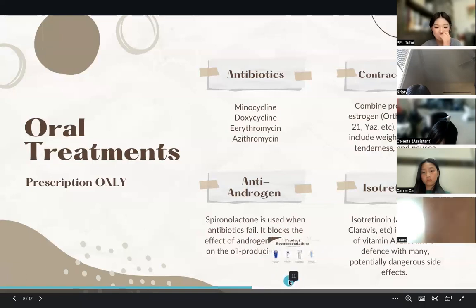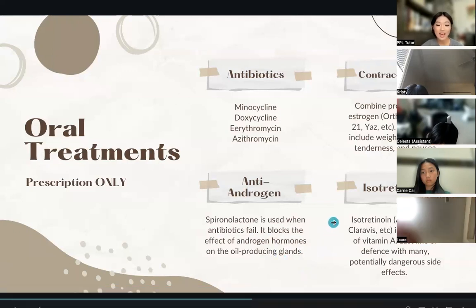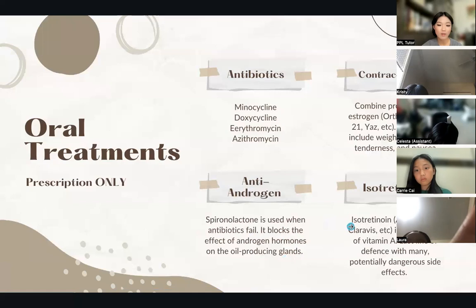And then we have isotretinoin. This is, I guess, the gold standard, or the last line of defense that is proven to work for over 85% of people. It permanently cures acne, at least permanently, as in at least 2 years. And within 2 years, you won't have any acne.